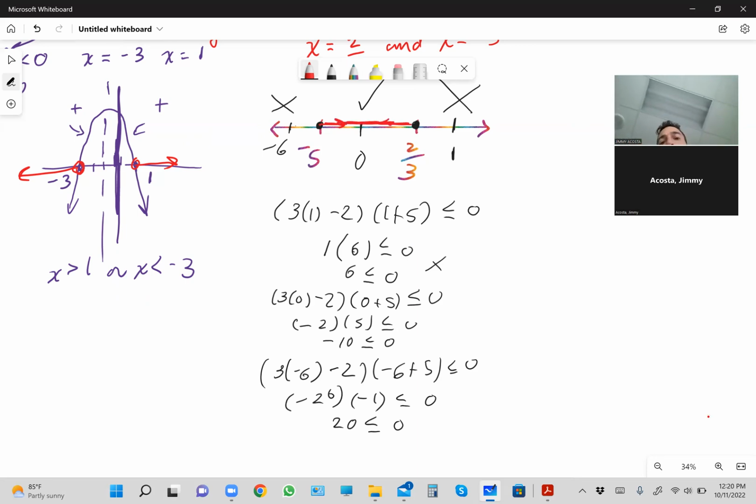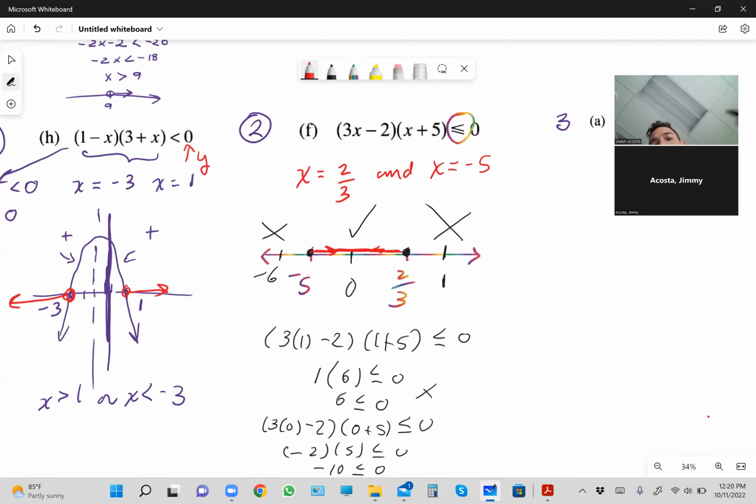So our answer will go something like this. And I'll go ahead and, should I have space for it? Of course not, but I'll write it here the best I can. X is less than or equal to 2/3 and at the same time greater than or equal to -5.